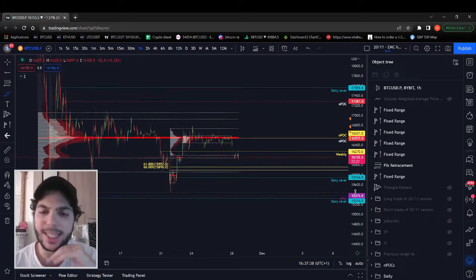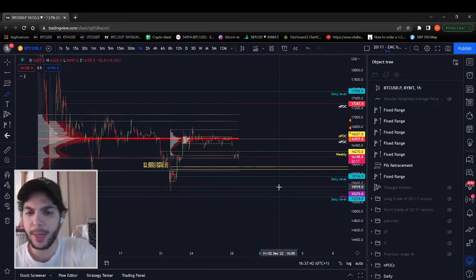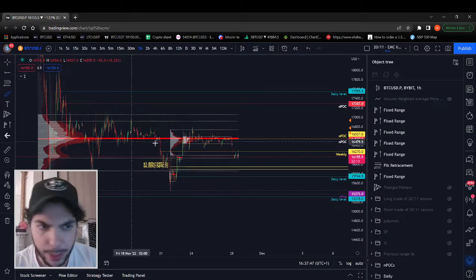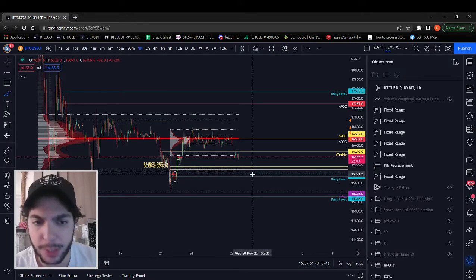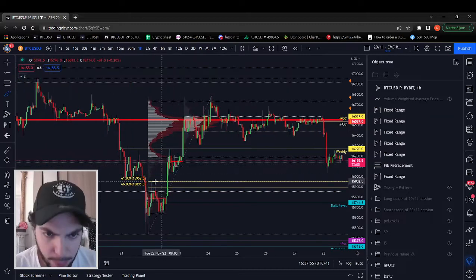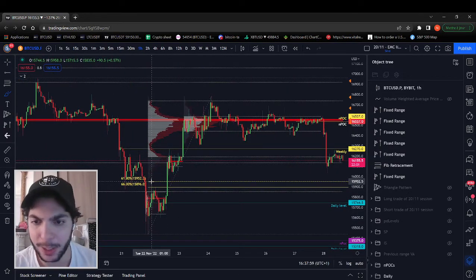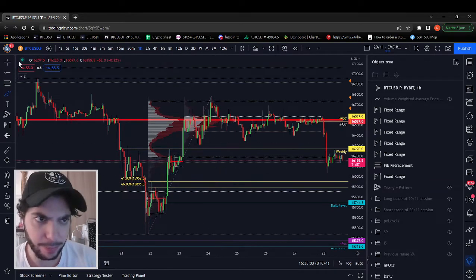So as a long setup, in my mind, I want to see what happens here, because you do have the value area low of the whole consolidation area and the 618 retracement. This in itself could provide something, and add to this that this high here, remember this high that we talked about in our long trade setup, this high could be an SR flip.